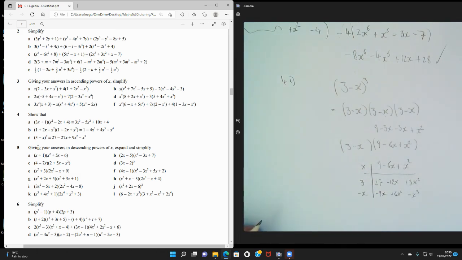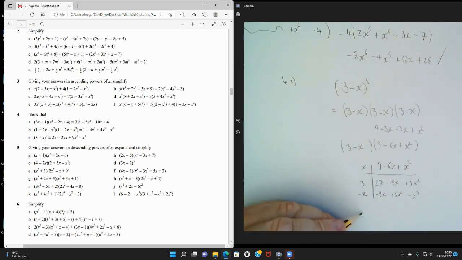Okay, so when I gather all of those things together, that is going to turn into minus x cubed.